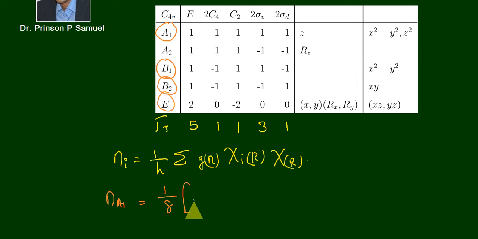So g_r in the case of E is equal to 1, then 1 into 1 into 5, that is equal to 5, plus 2 into 1 into 1, that is equal to 2, plus 2 into 1 into 1, that is equal to 2, plus 2 into 1 into 3, that is equal to 6, plus 2 into 1 into 1, that is equal to 2.